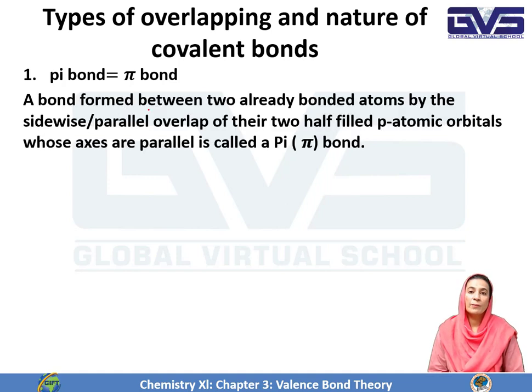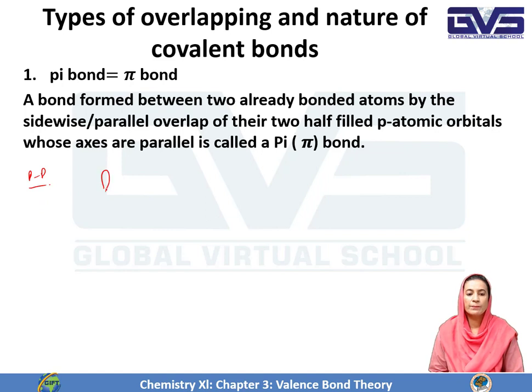It is a bond formed between two already bonded atoms, and the condition is that the first bond, which is always a sigma bond, already exists. Then the other partially filled orbitals overlap sidewise, with their parallel half-filled p atomic orbitals, forming a pi bond. Like p and p, I take the example like this.